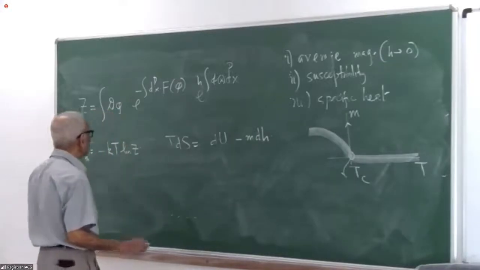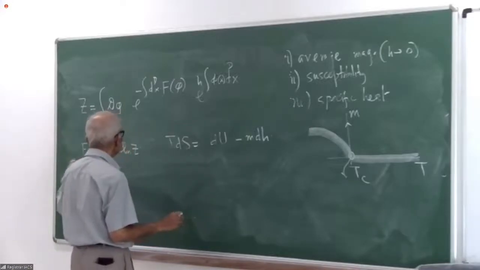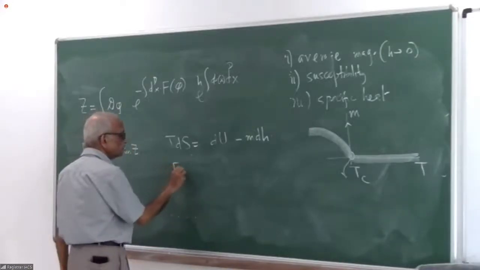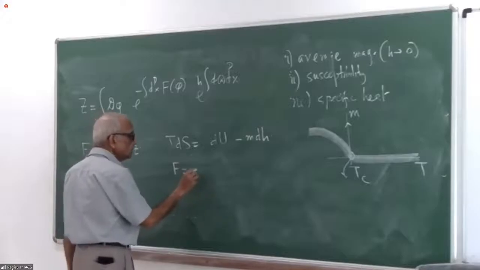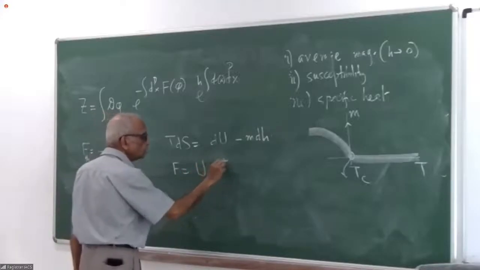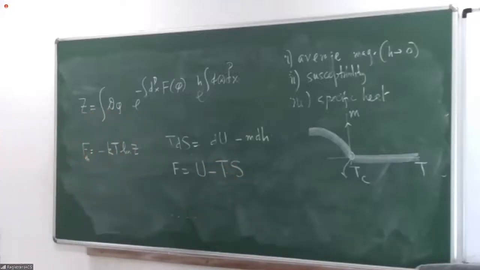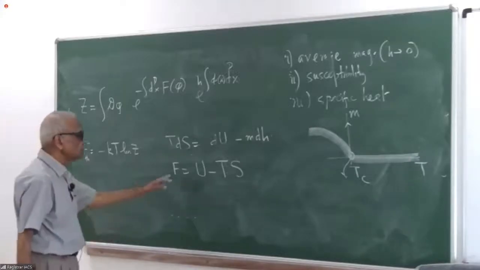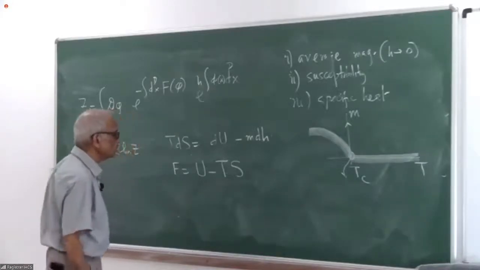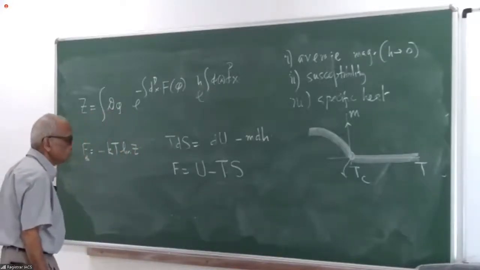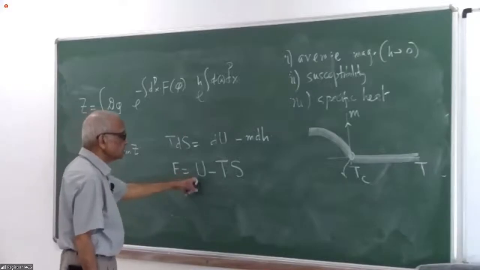But the free energy, F, is equal to E, which is this, or U minus TS. That is the definition of the free energy when you didn't have any magnetization in the system.